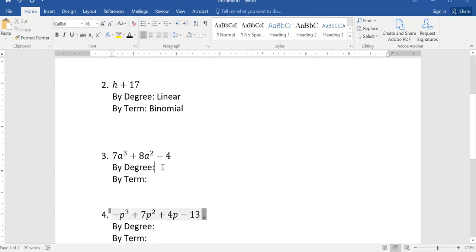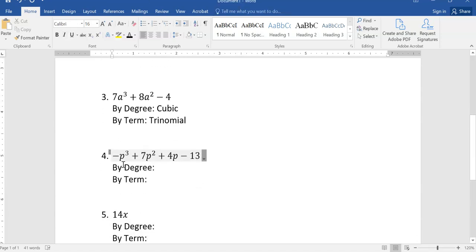By degree, this is degree 3. The special name for degree 3 is cubic, and it also has 3 terms. So not only is it degree 3, but the number of terms is 3. So that is a trinomial. So number 3 is a cubic trinomial.